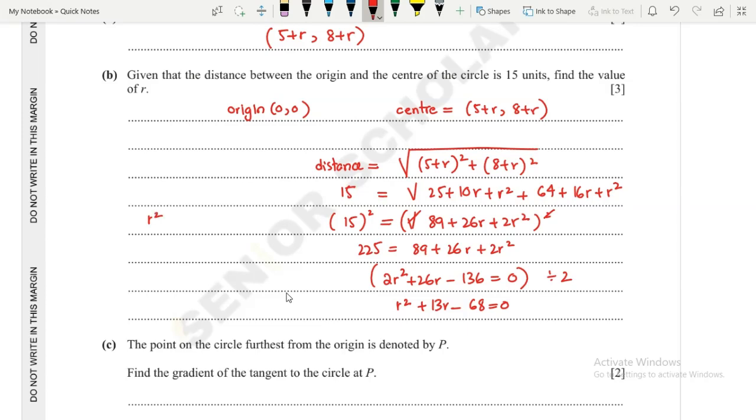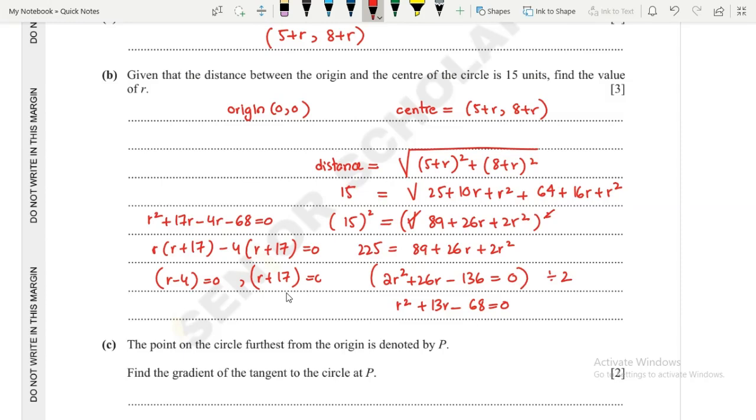So r squared plus 17r minus 4r minus 68 equals 0. So r(r plus 17) minus 4(r plus 17) equals 0. So r minus 4 equals 0, and r plus 17 equals 0.